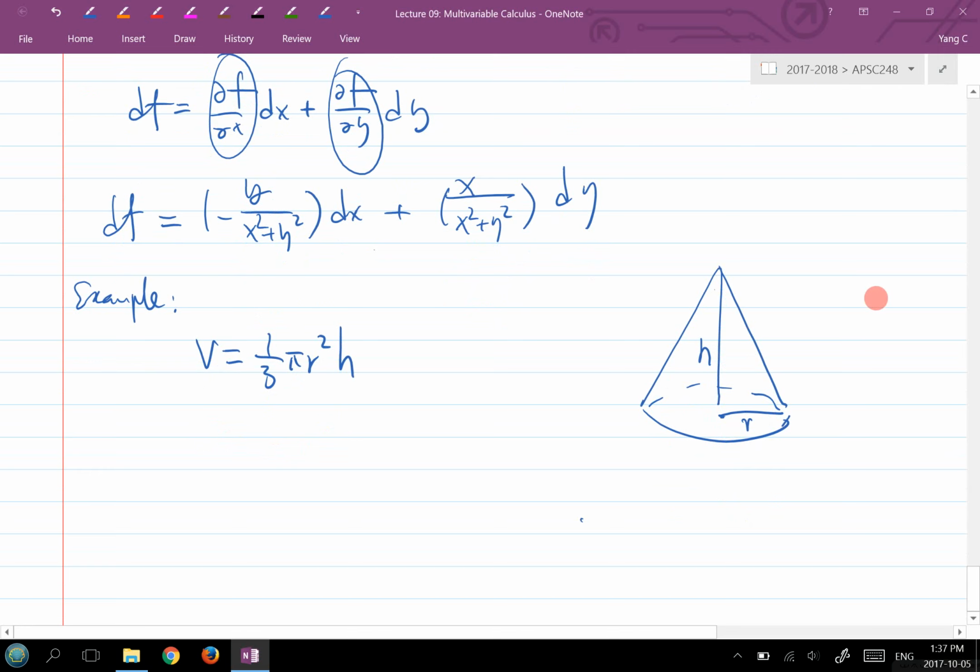Now let's consider this scenario. Suppose that the r goes from 10 centimeters to 10.1 centimeters. The h goes from 1 meter to 0.99 meter.